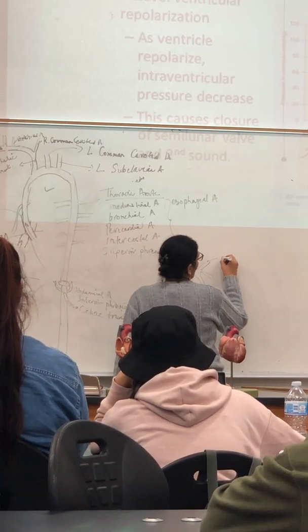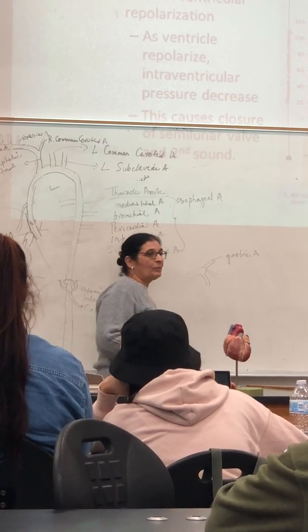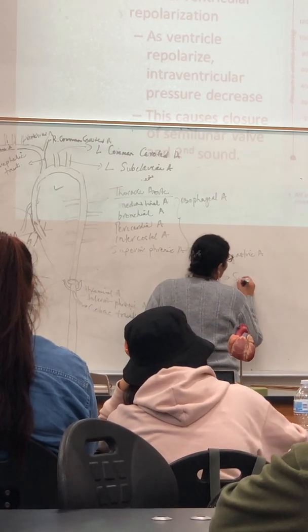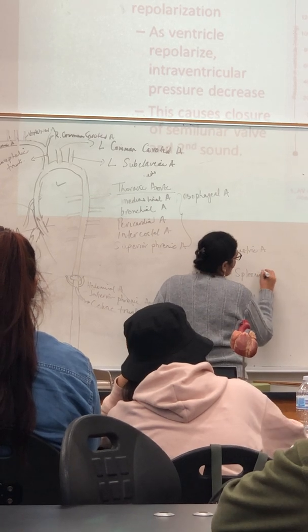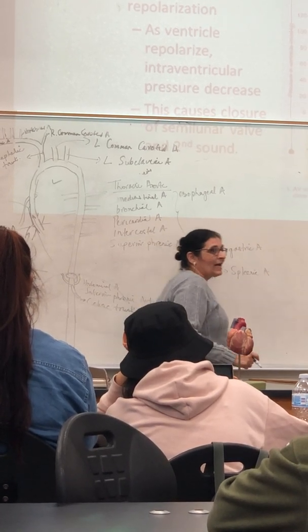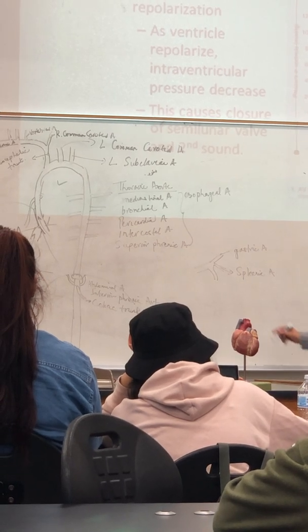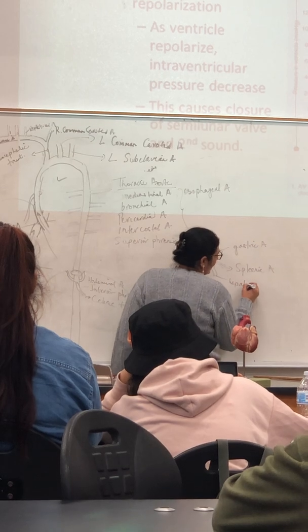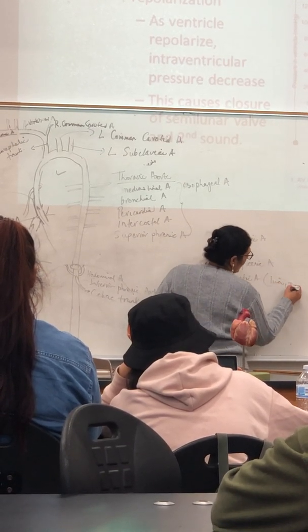One branch is known as the gastric artery that supplies blood to the stomach. One is known as the splenic artery that supplies blood to the spleen and the pancreas. And the third is known as the hepatic artery that supplies blood to the liver and the gallbladder.